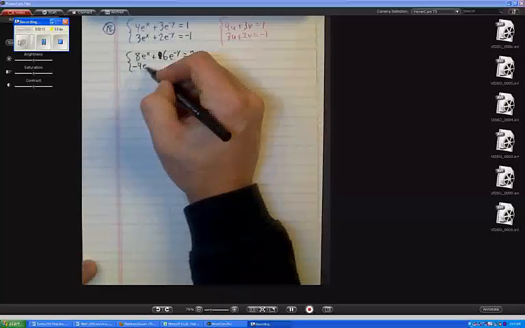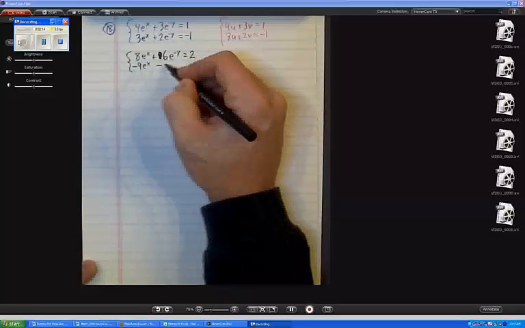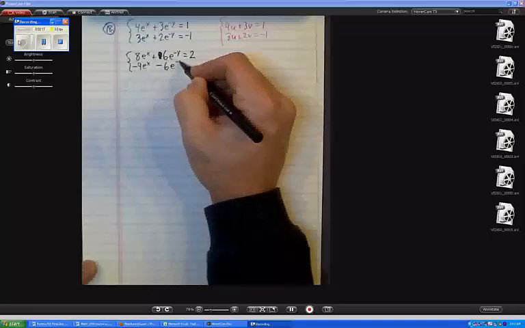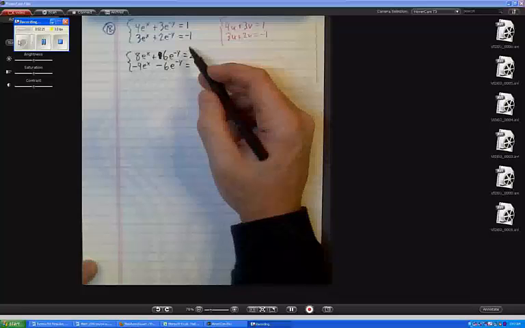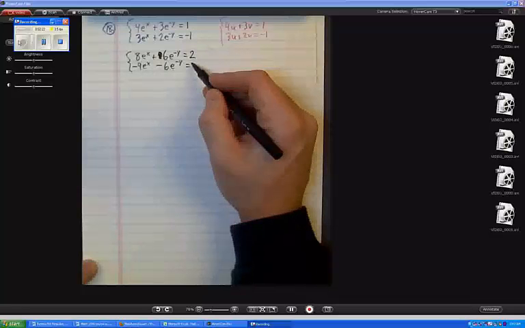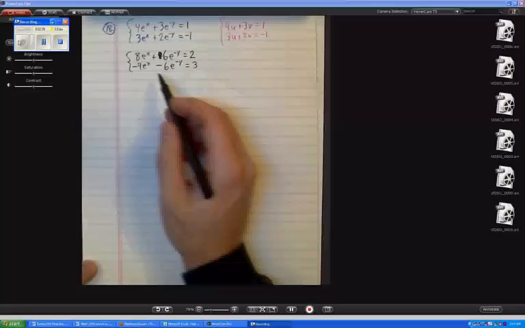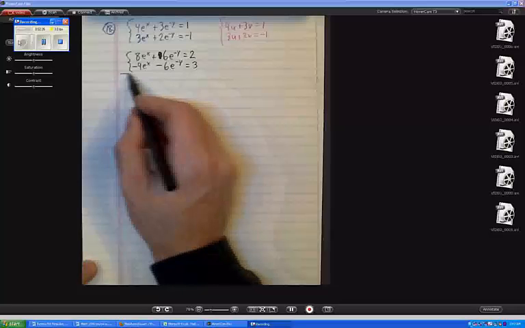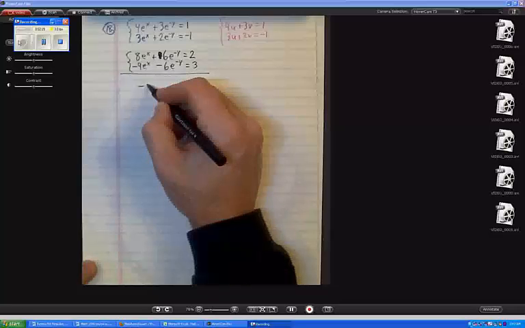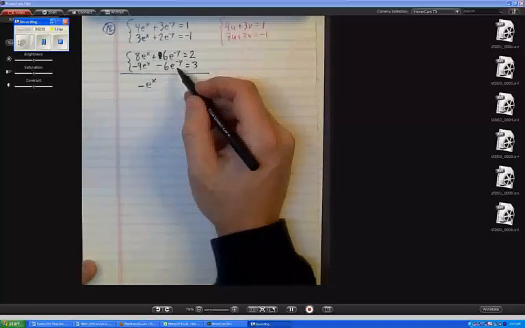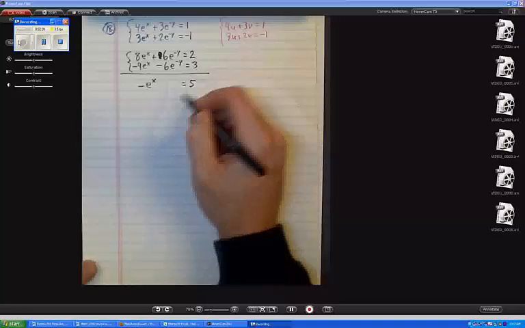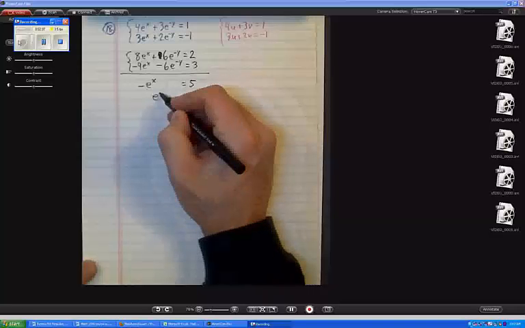Negative 9e to the x minus 6e to the negative y equals, now wait, I got to be careful. Negative 3 times negative 1 is positive 3. And I would do that so when I add, I get negative e to the x. The e to the y's are gone, equals 5.